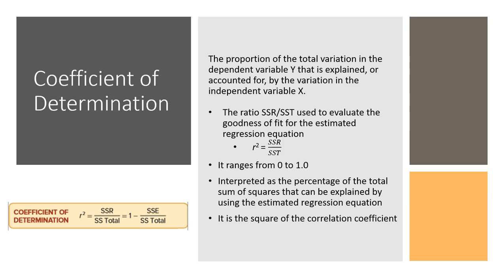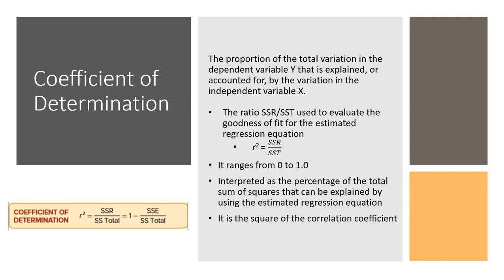The next statistic that we need to look at is our coefficient of determination. The formal definition is the proportion of the total variation in the dependent variable y that is explained or accounted for by the variation in the independent variable x.